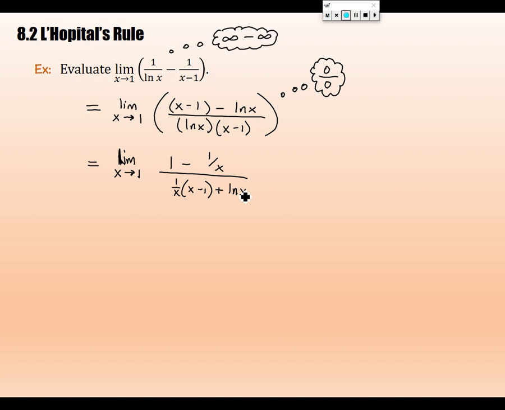Right? Oh, well, there you go. All right, more on L'Hopital tomorrow. I think we might have to do it again. Yeah, it's still 0 over 0.